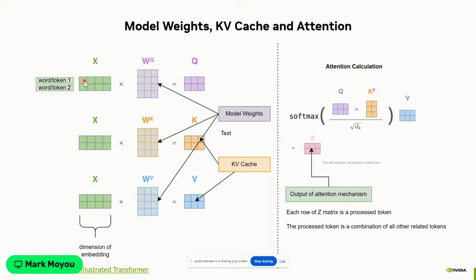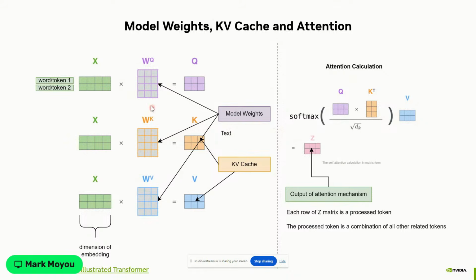So if I pass this X times this WQ into this Q matrix now, these are called your queries. So this is called your query, key, and value matrices. You'll see this a lot if you interact with any type of attention papers. And I'm highlighting this thing called KV cache. I'll touch upon that. Think of that as your LLM's memory.